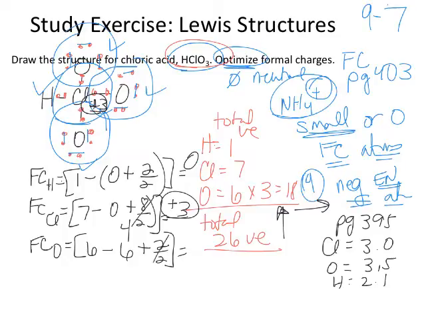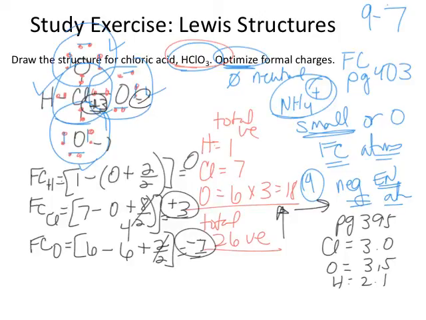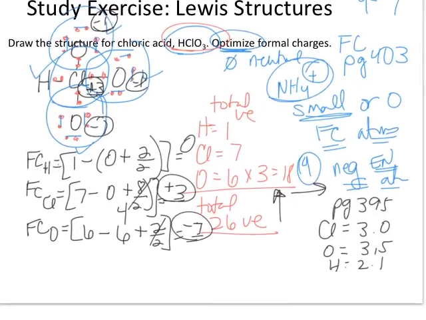So this works out to be 6 minus 7, which is a minus 1. So each one of these is minus 1, minus 1, minus 1. And so you got 3 plus and 3 minus. That's a neutral. Now, the key here, it says optimize.